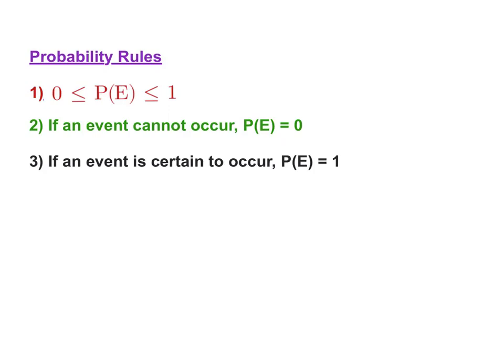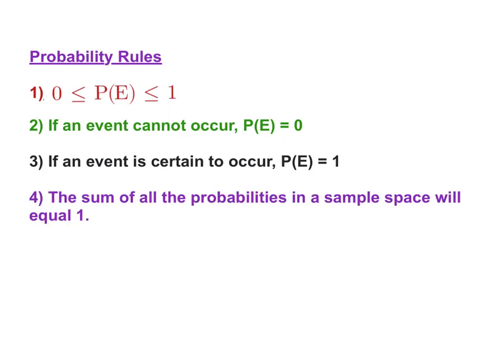And lastly, as I mentioned earlier, the sum of all the probabilities in one sample space has to equal 1. If I have all the probabilities within that one particular sample space and I added them all up, the sum of all those probabilities must equal 1 because it covers everything.